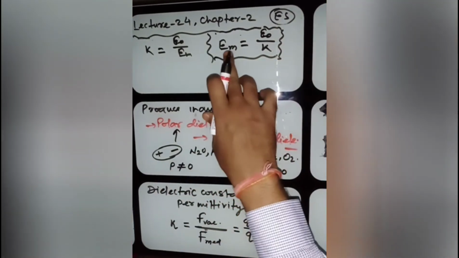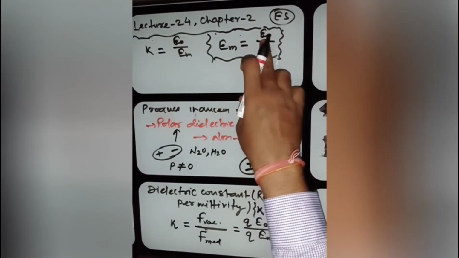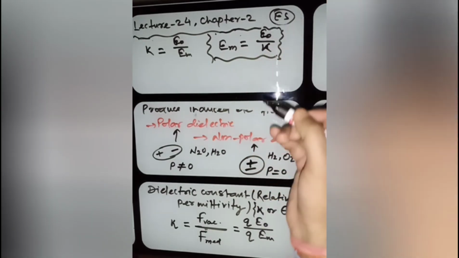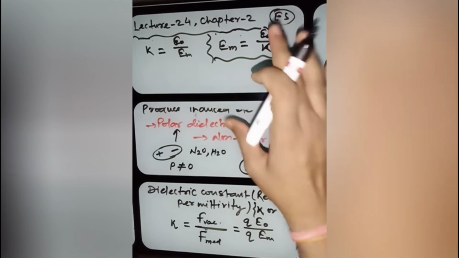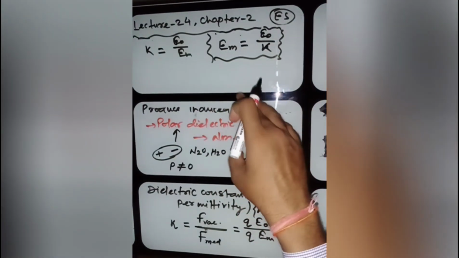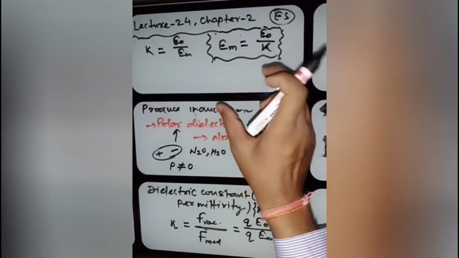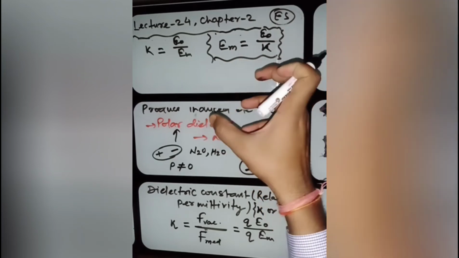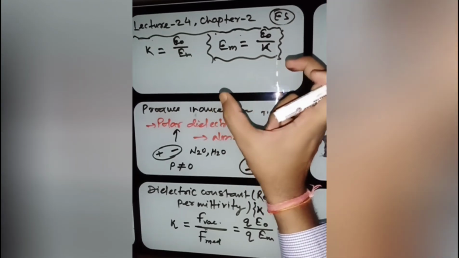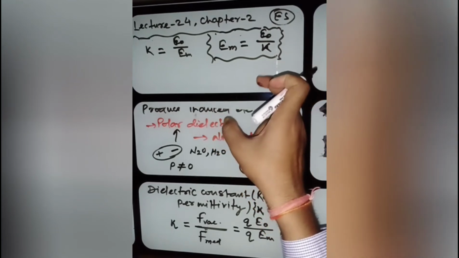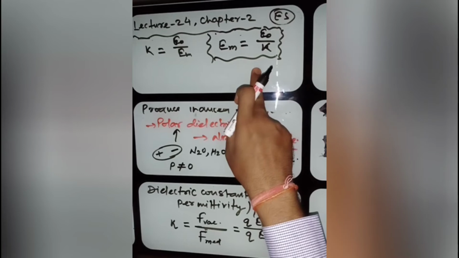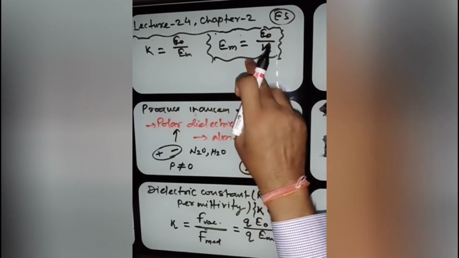So remember, Em will be equal to E naught divided by K. The electric field will reduce if you place a dielectric between two charges. Then the electric field due to each charge, or the force between the two charges, will reduce. This is a very important relation you have to remember. We will use it directly.